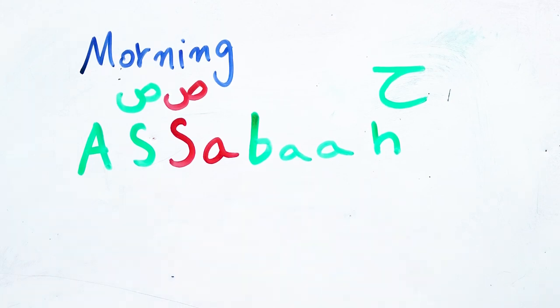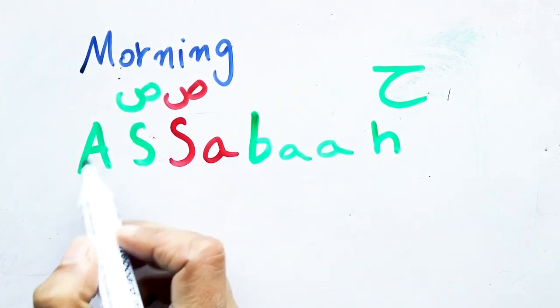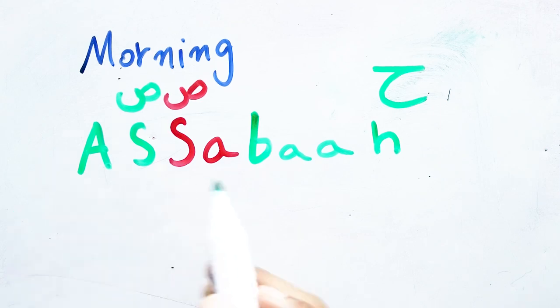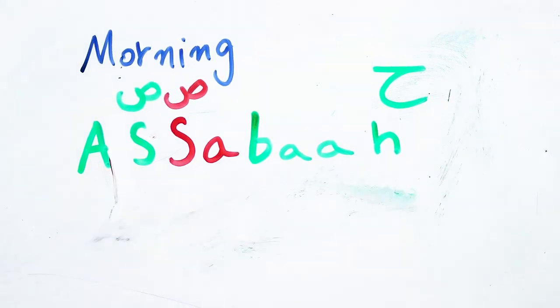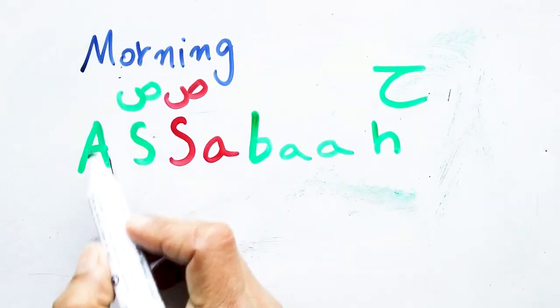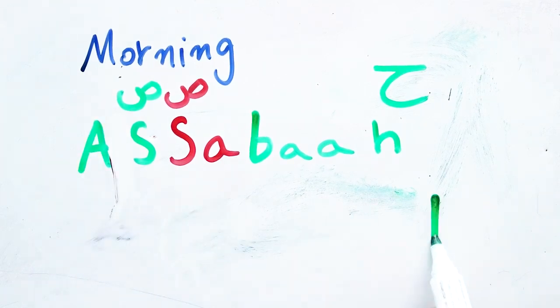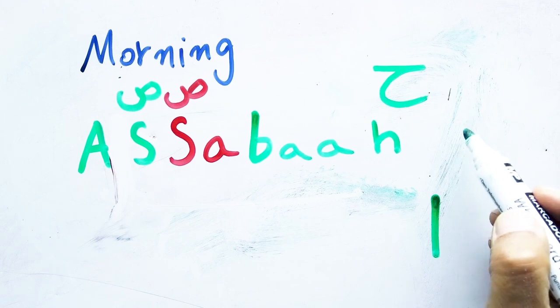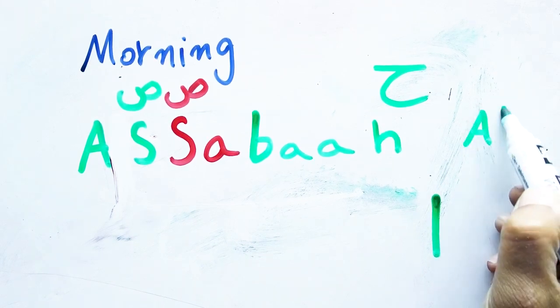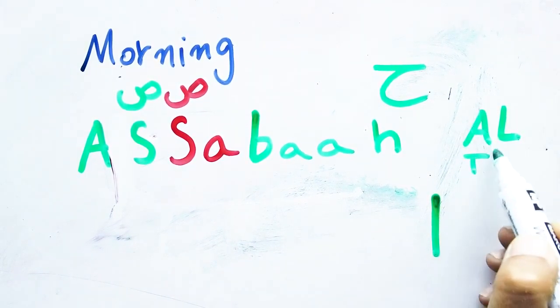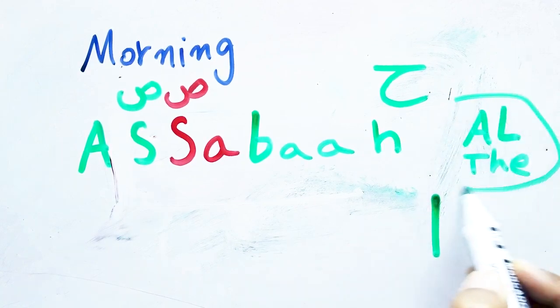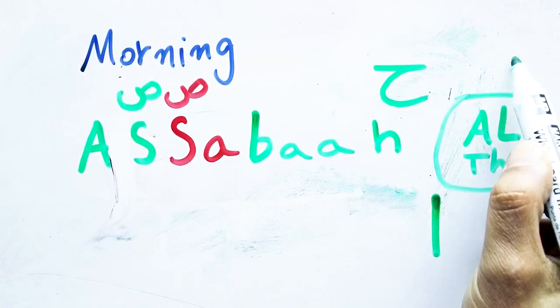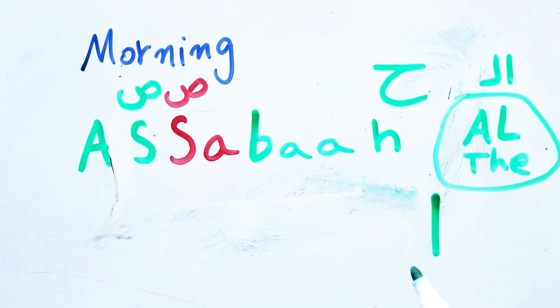As-sabah. Let's write it in Arabic. As-sabah. Pay attention, this A sounds like alif. We learned that before. But do you remember I said that this word as-sabah means the morning, and we learned in the previous word that al means the, which is alif and lam, right?